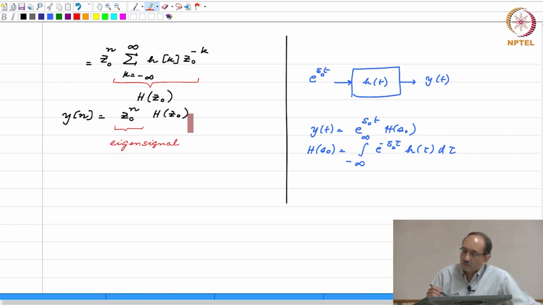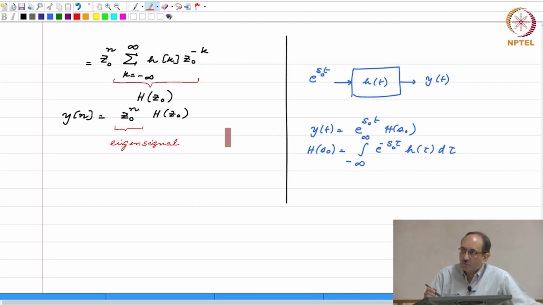And so both Laplace transform and z transform are complex functions of complex variables, right? And merely calling the independent variable as s does not make H of s the Laplace transform, whereas calling it as H of z does not make it the z transform.